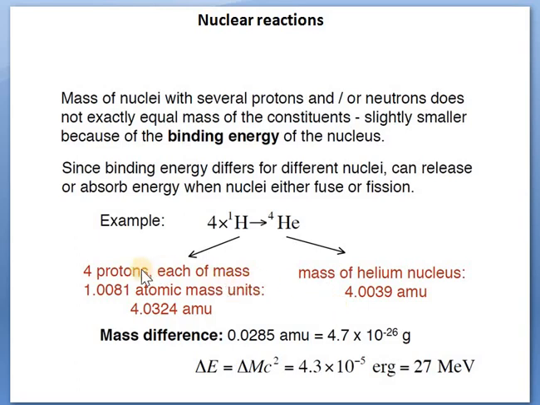Here I have just written down the atomic masses of the proton and the helium nucleus, and you can easily calculate, check by yourself as well, the mass difference between these comes out to be 0.0285 atomic mass unit, which corresponds to an energy of approximately 27 MeV.